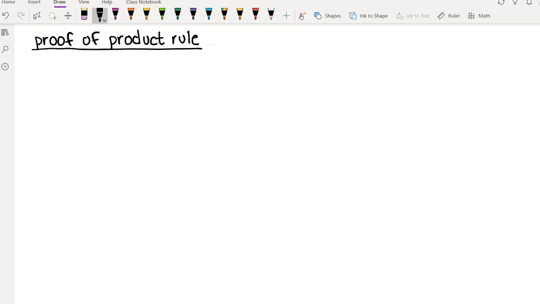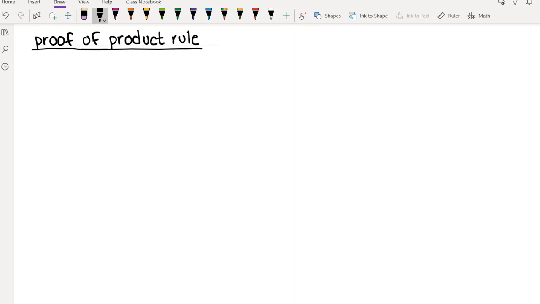Then we're going to use what we know about limits to show that the product rule that I told you at the beginning is actually true. So we're starting with something we know is true, and taking legitimate math steps to come to a conclusion of the product rule being what I told you it is. So that's generally what proofs are like.